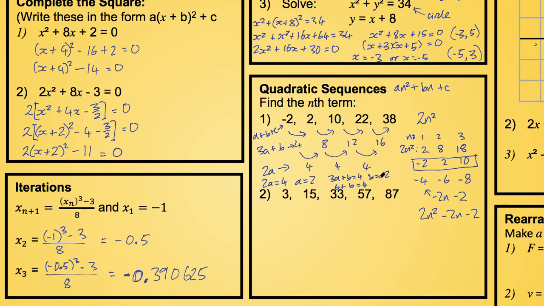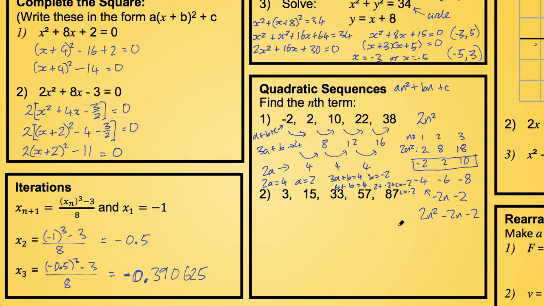And then using all of those, I've got a is 2, b is minus 2, all three together add to minus 2, so 2 plus minus 2 plus c equals minus 2. That would also give me c equals minus 2, and that's the answer that I'm looking for there for that final number. That bit on the end is minus 2.